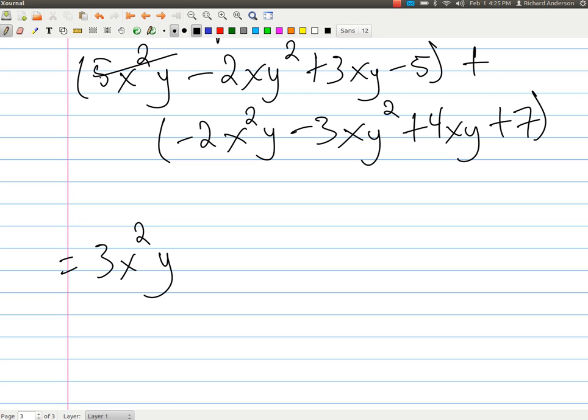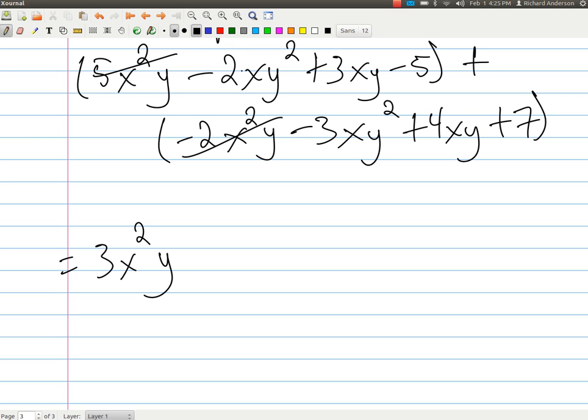Sometimes what I'll do is even strike those out as I go along, just to sort of keep track of what I've already accounted for. Next I've got negative 2xy squared, and if I pan through all my other terms in this problem, the only other one like it is here, negative 3xy squared.